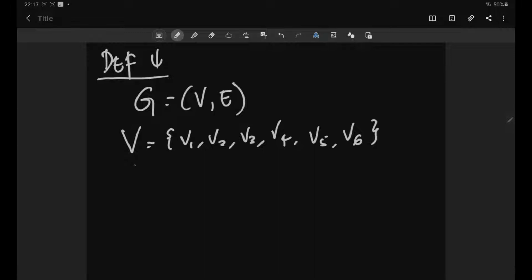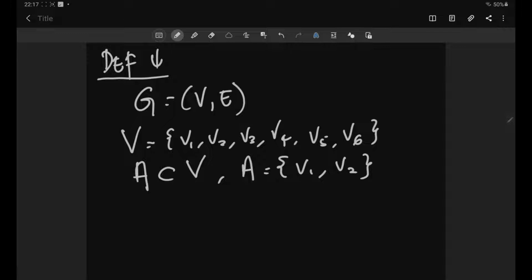Then we are given one set A, which is a subset of the set V, where the set A contains only two vertices, V1 and V2.